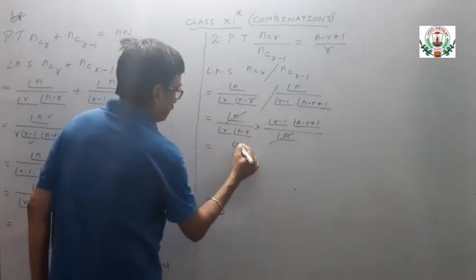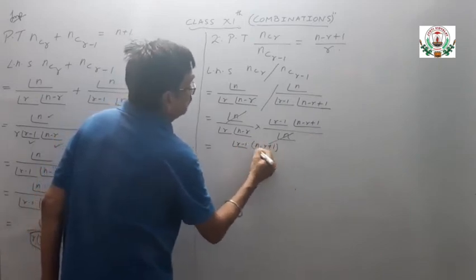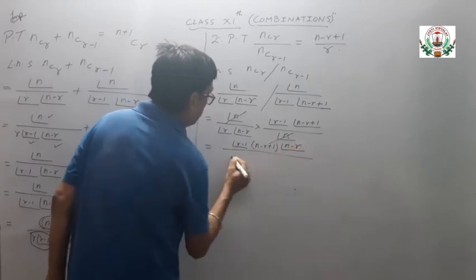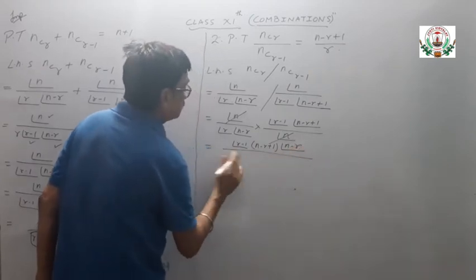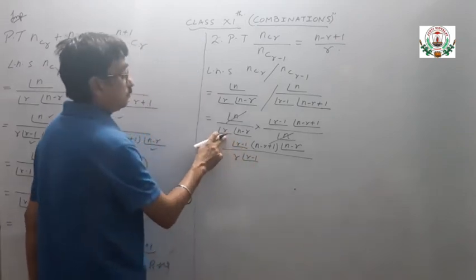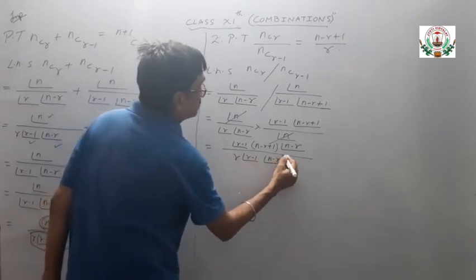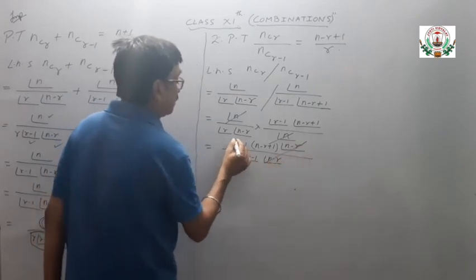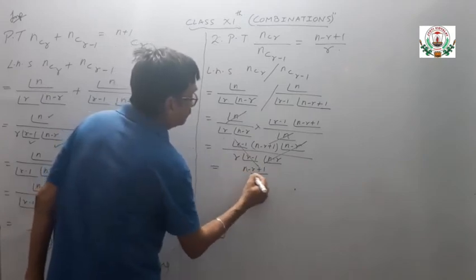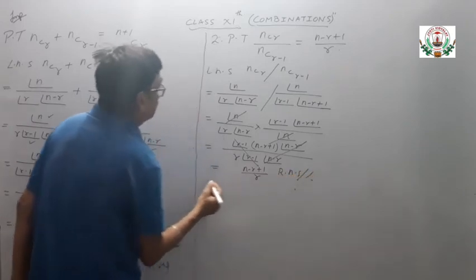So factorial R minus 1, this we can break, N minus R plus 1 into factorial N minus R, upon factorial R, this will be R into factorial R minus 1, and factorial N minus R. Factorial N minus R and factorial R minus 1 can cancel out and we are left with the RHS, N minus R plus 1 upon R, that is our RHS.